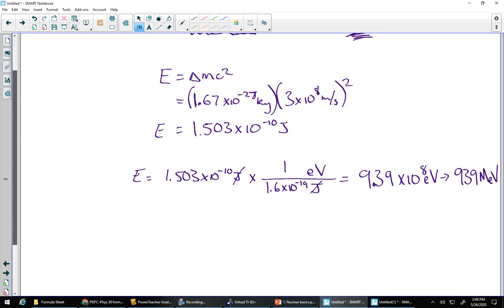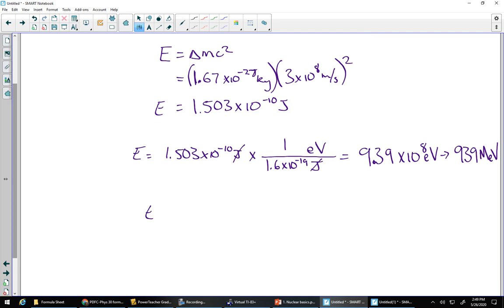Now if I want to talk in terms of mass, this is where it gets a little bit funky. E is equal to delta m c squared, so delta m is equal to E over c squared. So this is 939 mega electron volts per speed of light squared. And that's it.